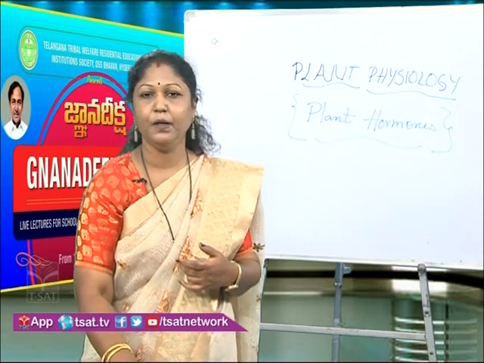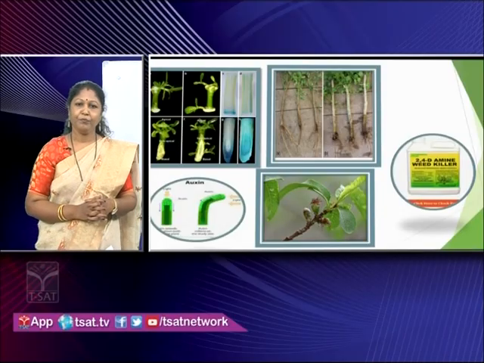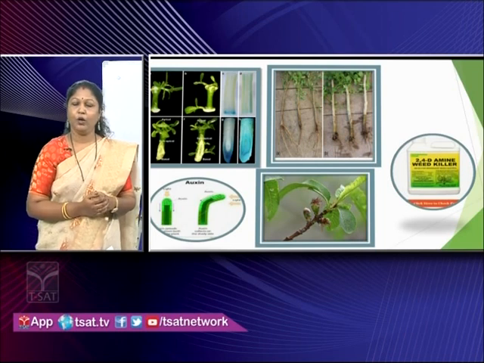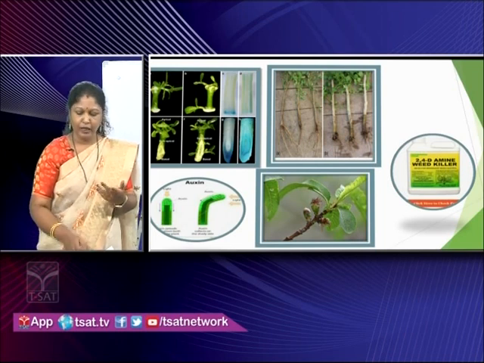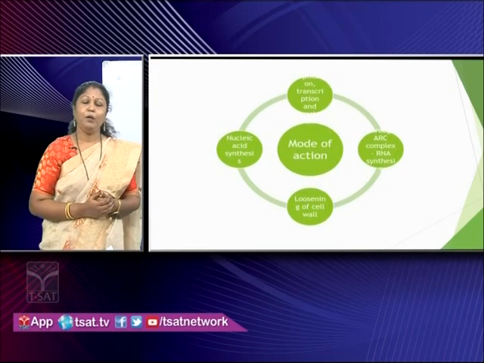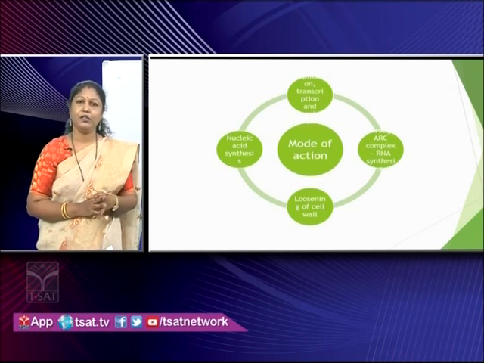Let us move further. These pictures depict whatever we have studied now, that is, root promoting nature, new apical bud formation and other things. Now let us discuss the mode of action, how these auxins are going to have their effect. Almost all plant hormones have a bearing on the DNA and RNA synthesis machinery.